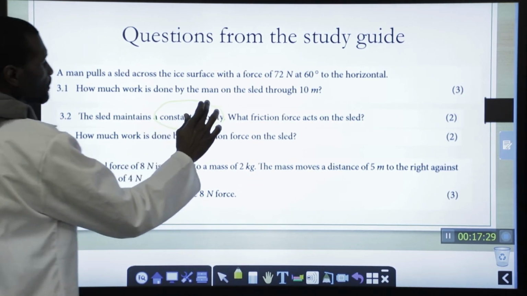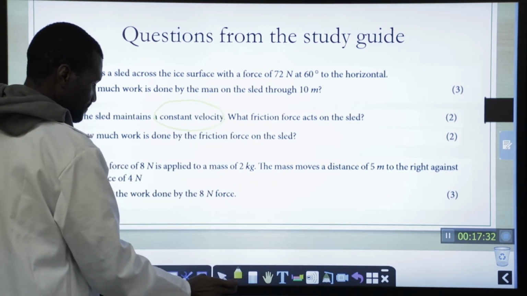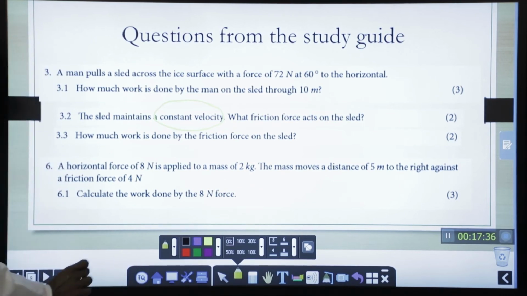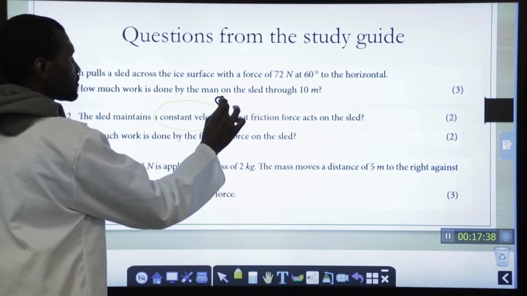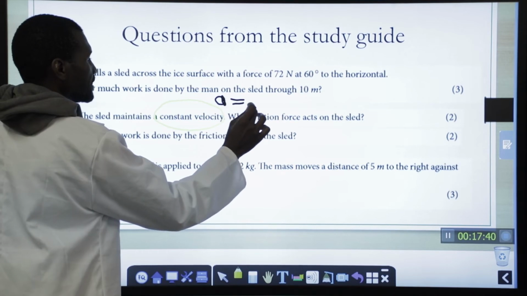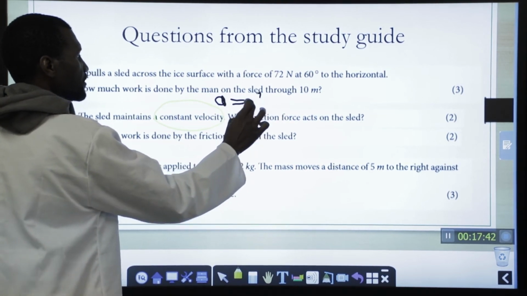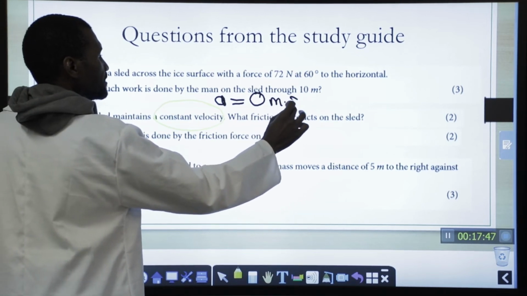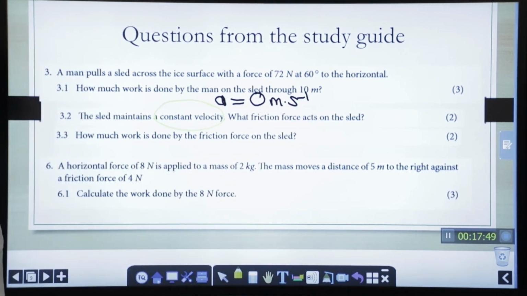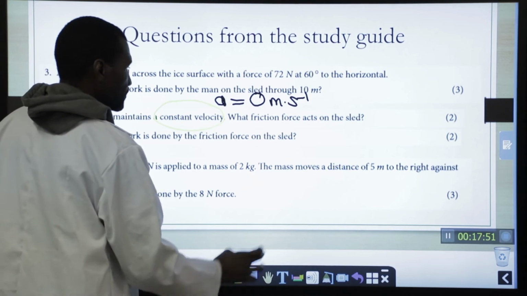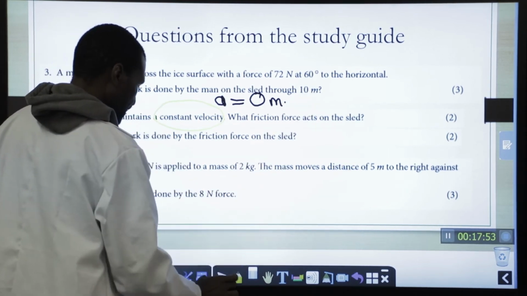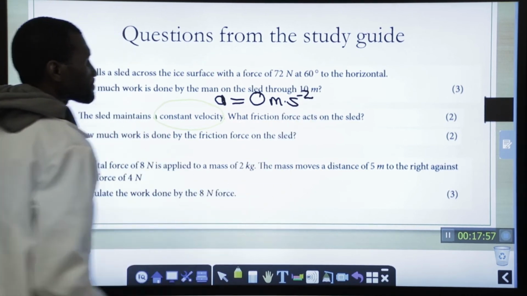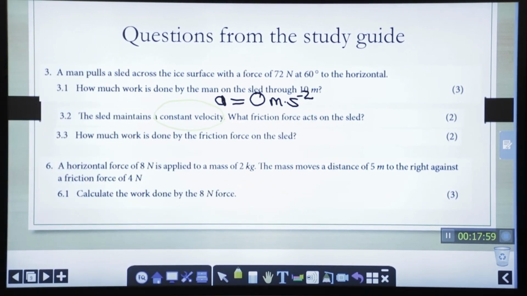Each time we talk about a constant velocity, we refer to a situation where acceleration is equal to 0. In other words, the object is not accelerating. 0 meters per second squared.